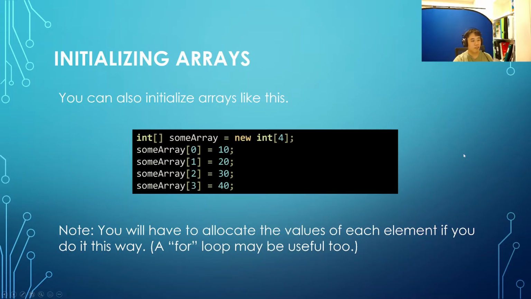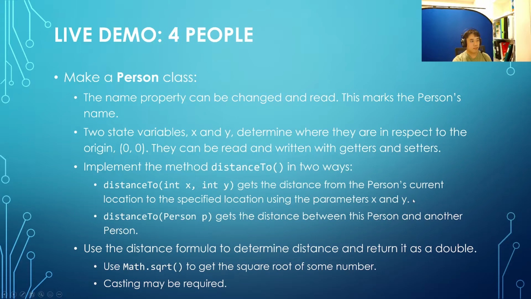All right. As I noted, make sure that you allocate your values for each element by yourself using separate statements, or use a for loop. Yeah, a for loop can work. So let's go ahead and make something out of these concepts.